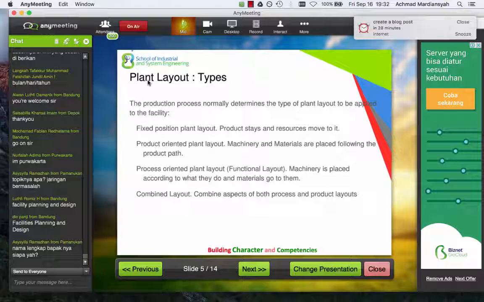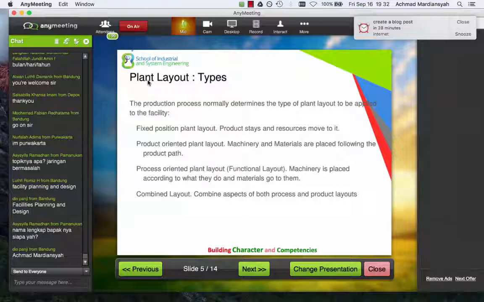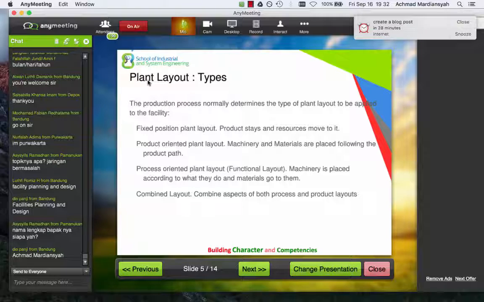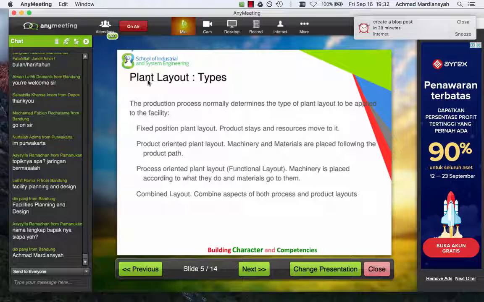The production equipment stays, and the resources are moving. It's like painting. In a painting, the product is the painting itself and it stays there, or carving. The operator is doing something on it, so it's a fixed position.